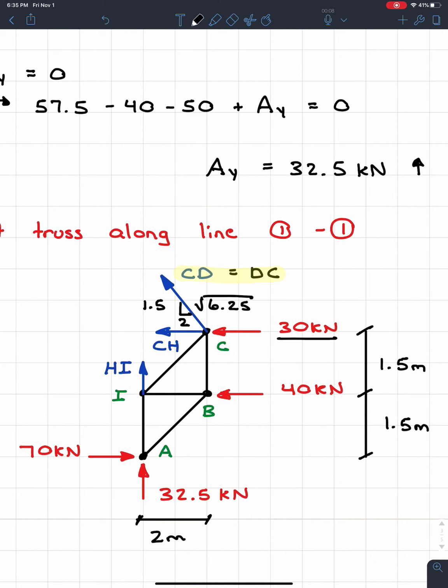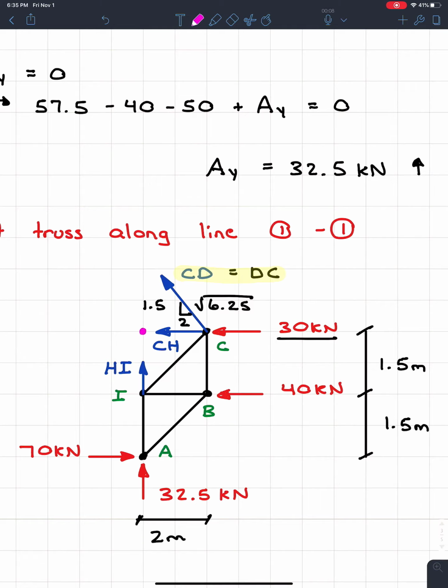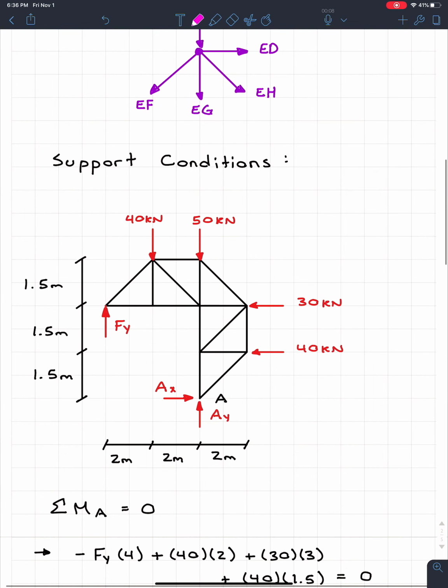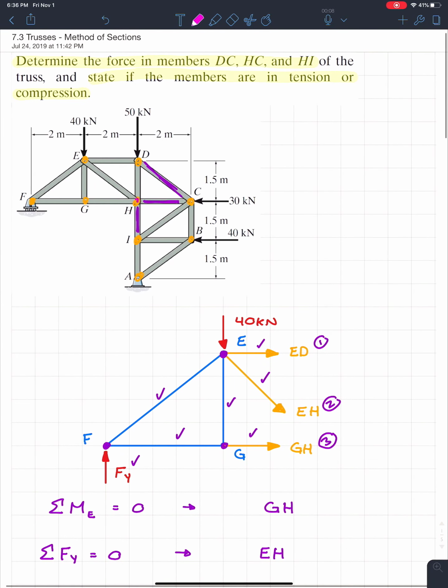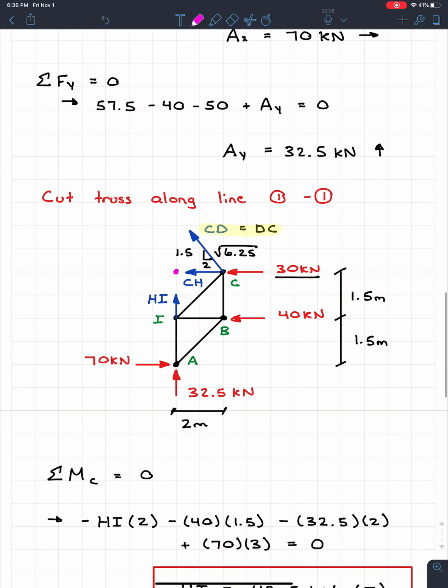So, for example, I can take the moment at this point. Actually, I'm going to do it in a different color to really make it stand out. I'll do it in pink. I can take the moment at this point right here. It's off the truss. And this is actually a point on the truss. So if I look up, this is actually this point H right here. So if I come down here, this is actually point H. And it's not on my cut.